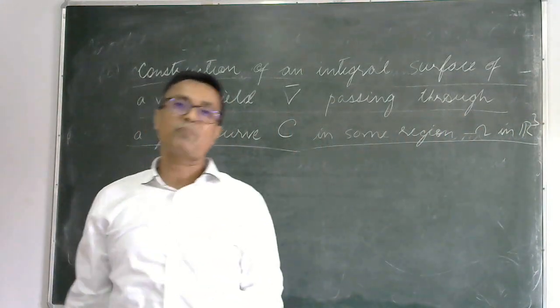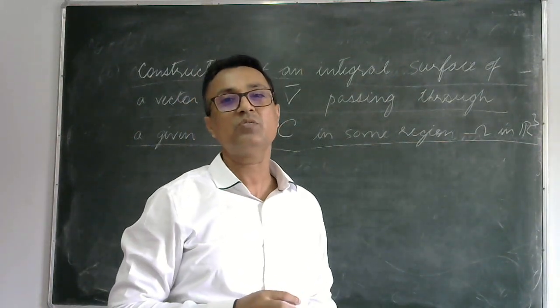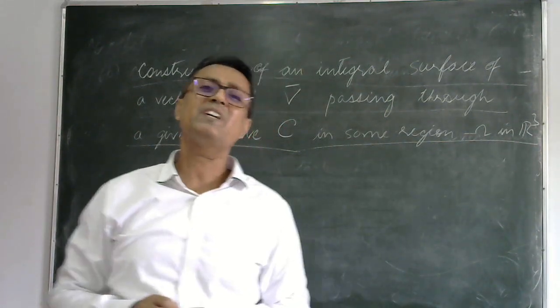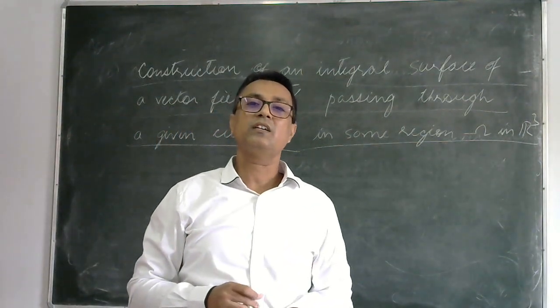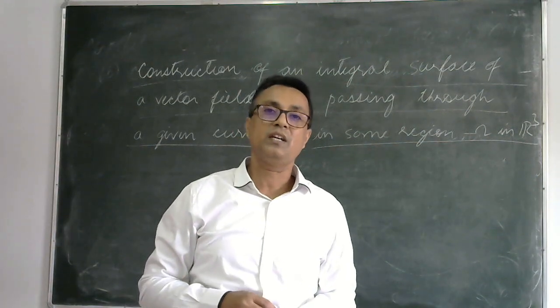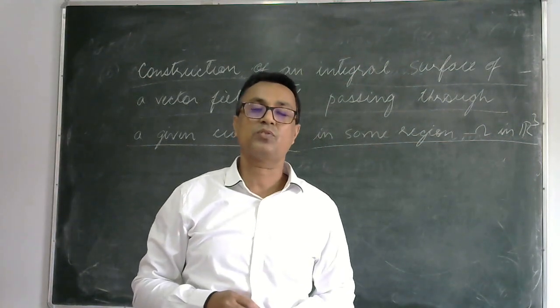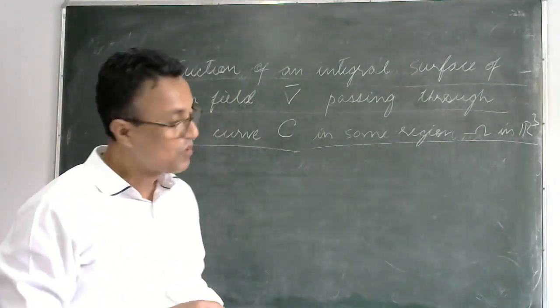Now I think you would appreciate all this stuff, the previous theorem. The previous theorem gives you a hint that you can construct an integral surface by combining all those integral curves. So how to go about this?